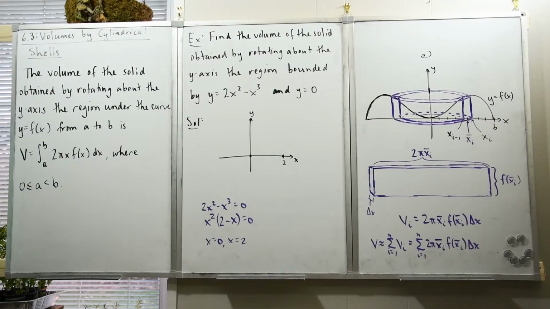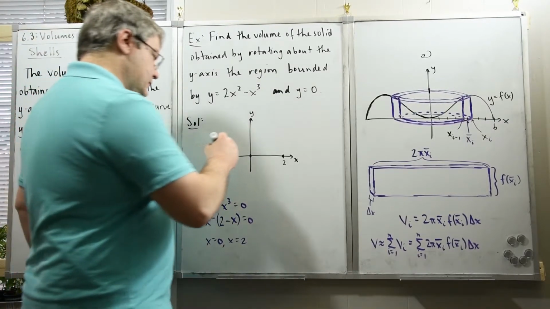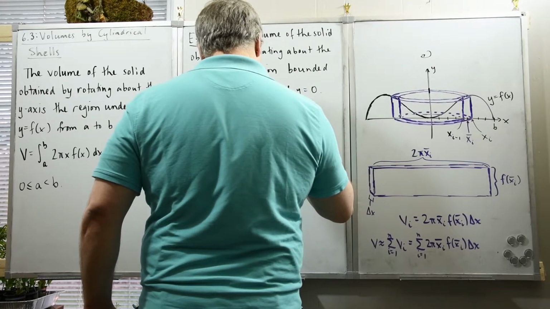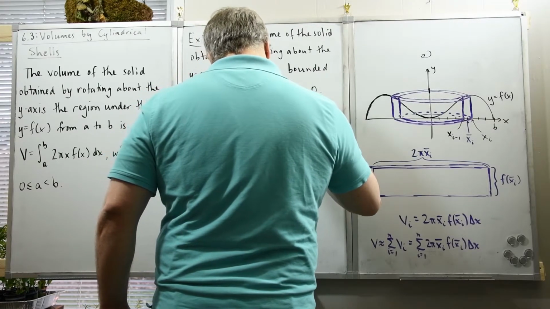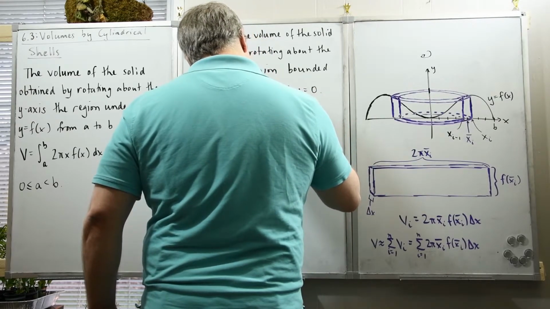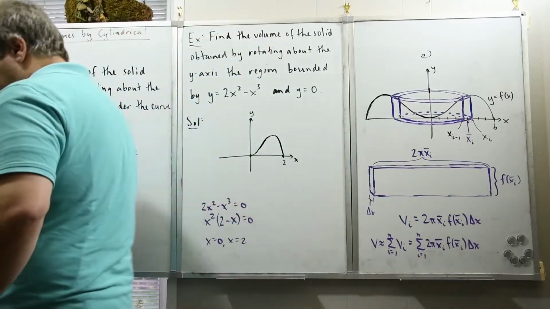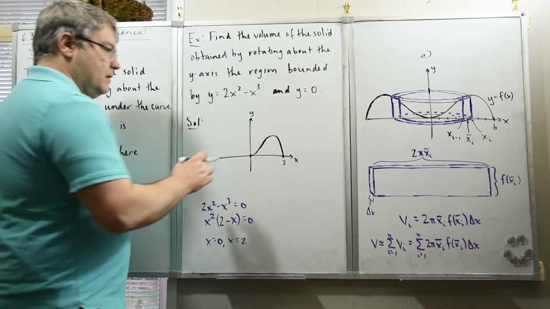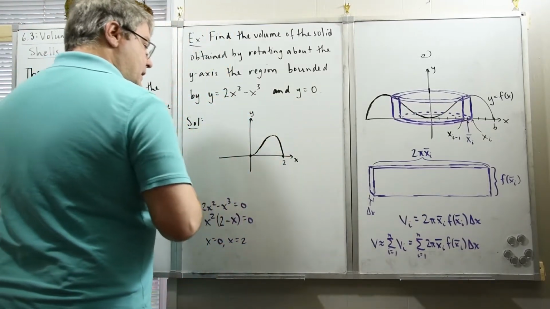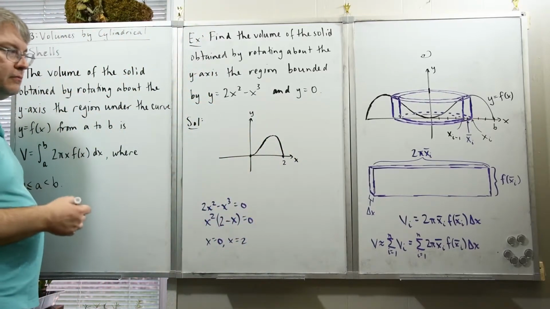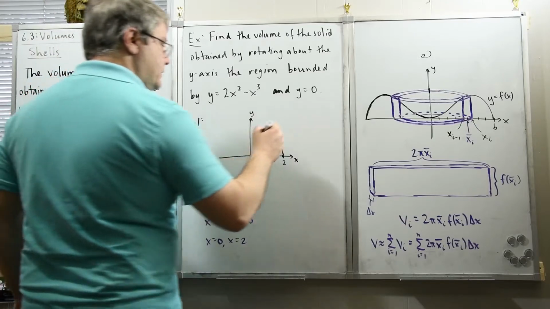If you take a look at what the graph actually looks like, you're going to get a picture similar to this. And so the interval over which this region lies is the x interval from 0 to 2.